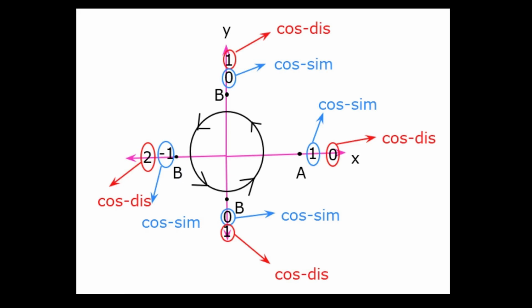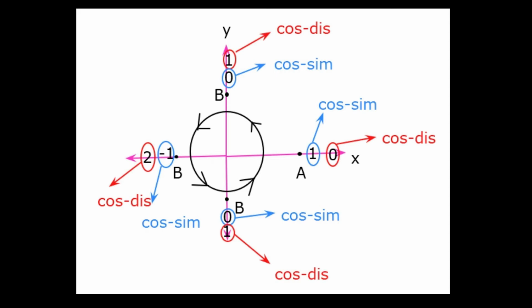Let's say if point B is on the y-axis, then cosine similarity will become 0 and cosine distance will become 1, because the angle between A and B is 90 degree here. So cos theta will become 0. So cosine similarity would be 0 here.